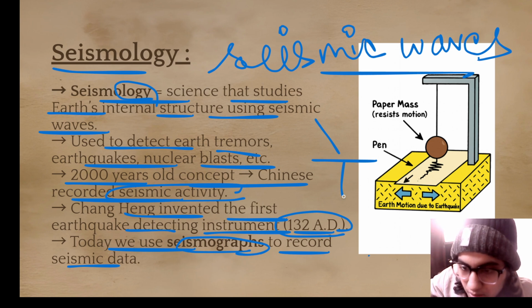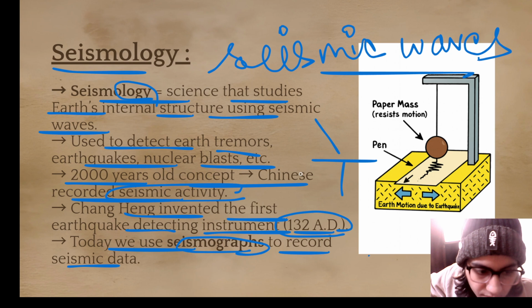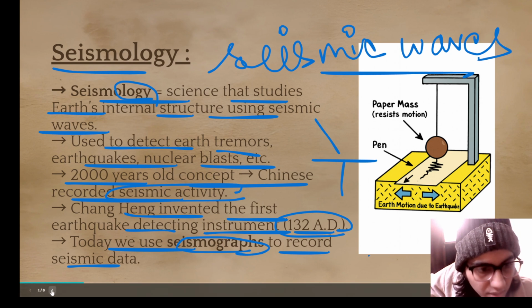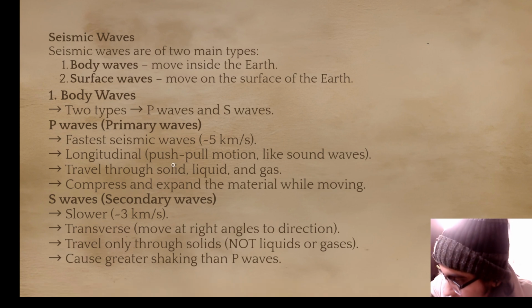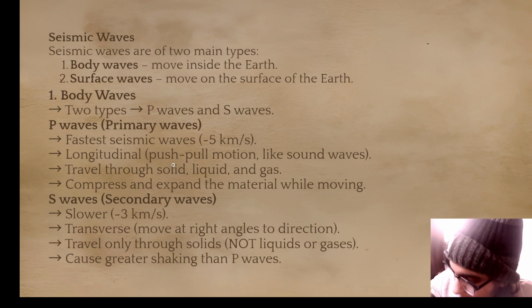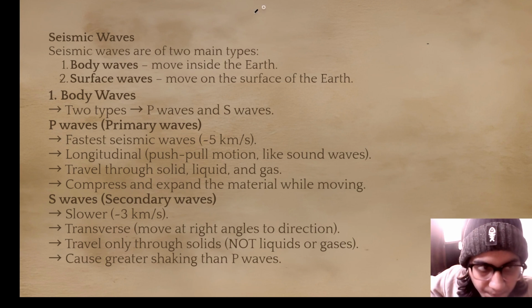So the scientists study these waves, or we can say these patterns, that the seismograph records, and it ultimately helps us to see the different layers present inside the Earth's internal structure.